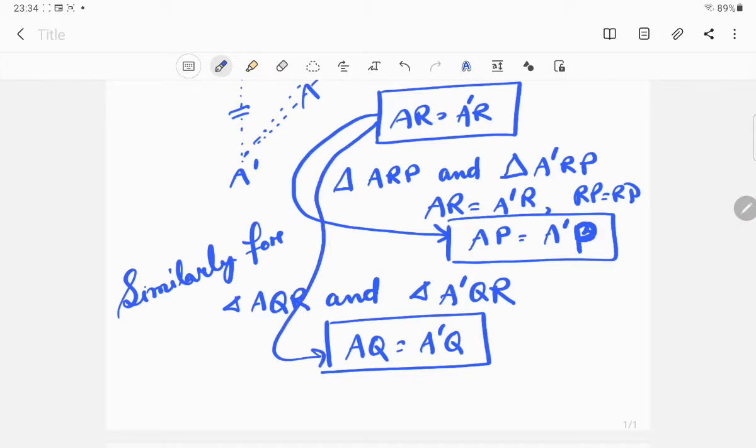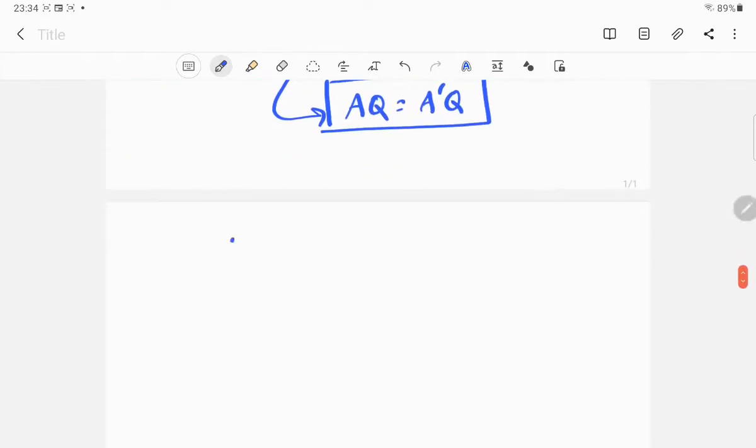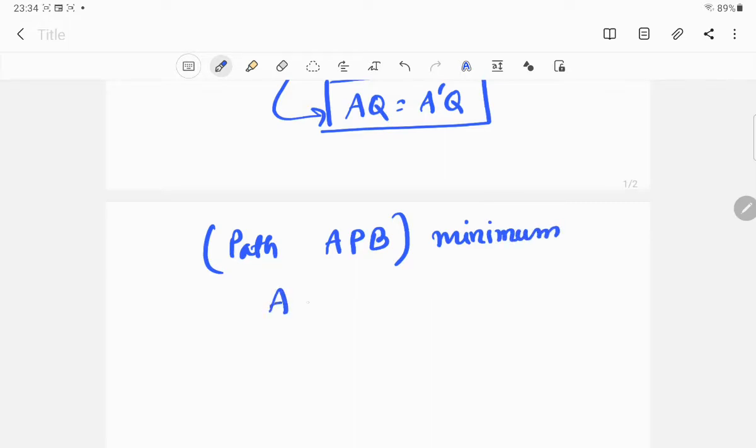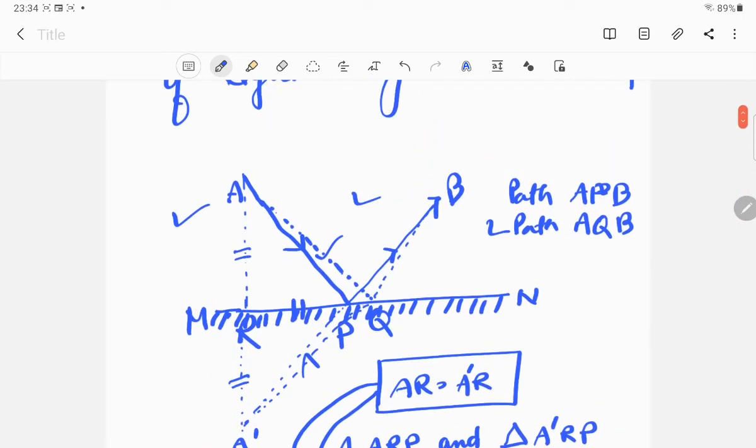Now the next step is that we need to minimize the path APB. If you want to make it minimum, that means AP plus PB should be minimum. Let me take you to the diagram again. We have a path APB, so the total path APB means AP plus PB.